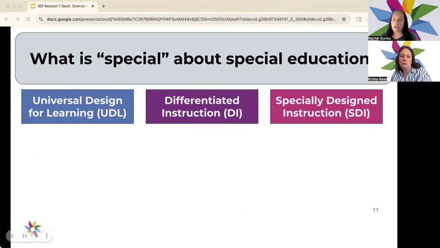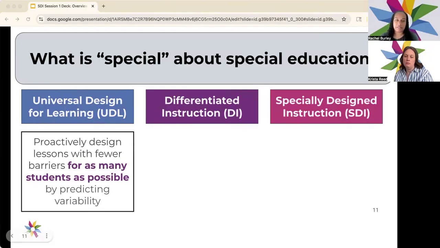So one place that teams often get stuck is mixing up UDL, differentiation, and SDI. So when we talk about UDL, we're talking about a proactive design in lessons that design lessons with fewer barriers for as many students as possible. So that could be in a variety of ways, but UDL is a proactive strategy.